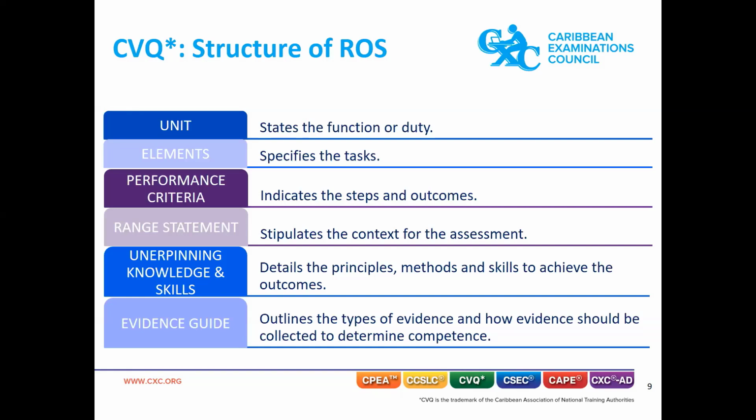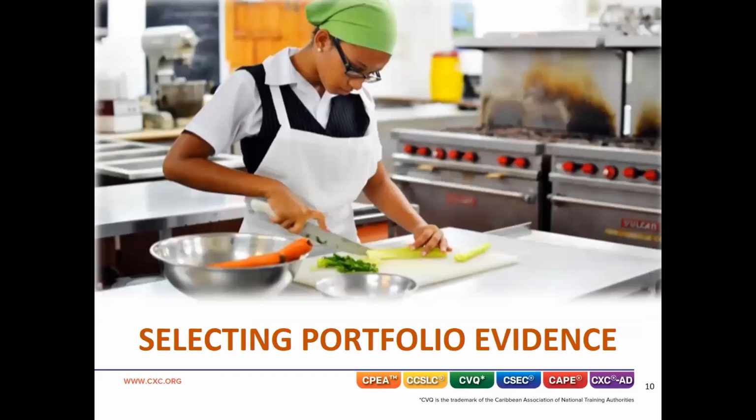The evidence is so important that the regional occupational standards have this sort of information so it can guide the assessor to help you in the development of your portfolios. So you see how important the regional occupational standards are? We call them the ROS. Wow. So you see the structure of the regional occupational standards. Very important, students, very important.